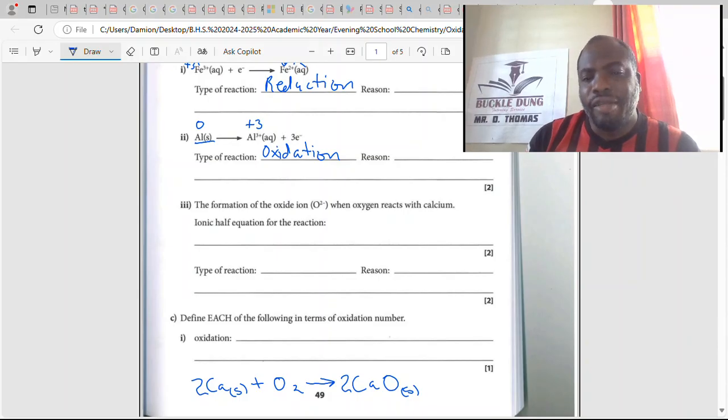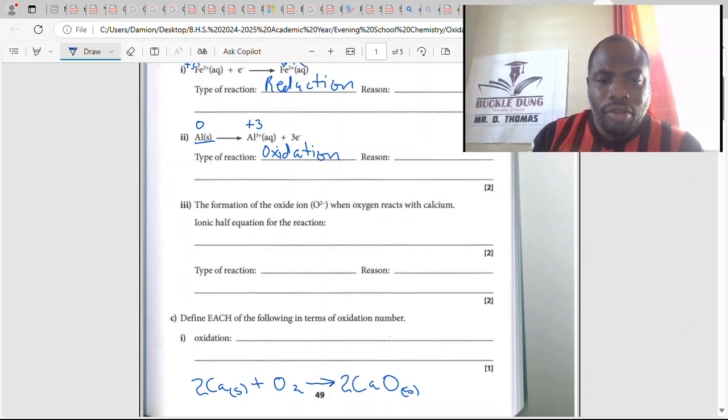So when they ask you for the half equation, they want you to show what is happening in half the story. So we don't want to see what happened with the calcium. Who are we focusing on? Oxygen.